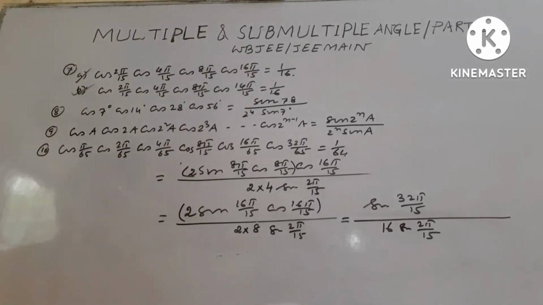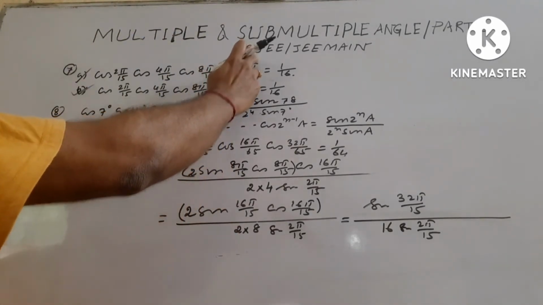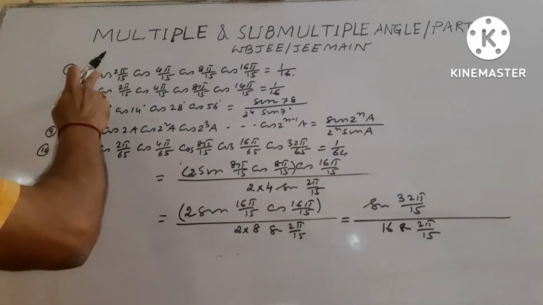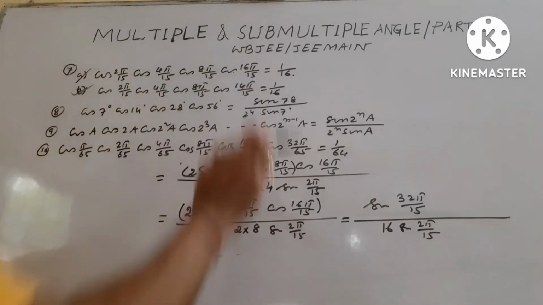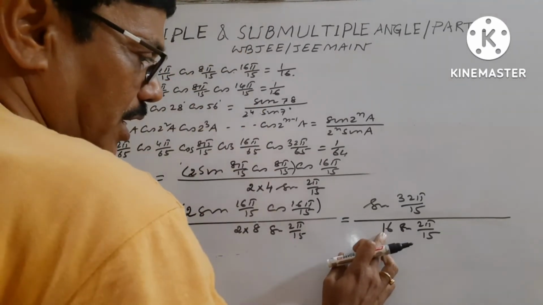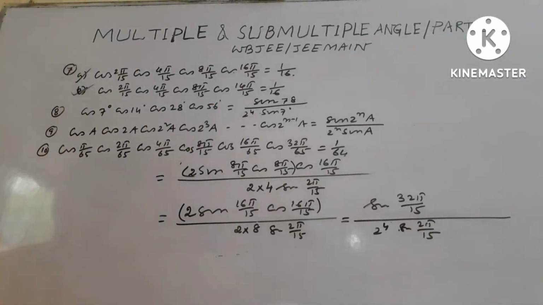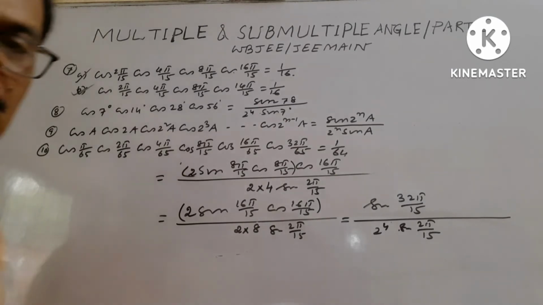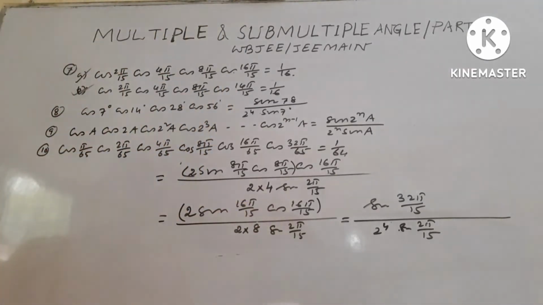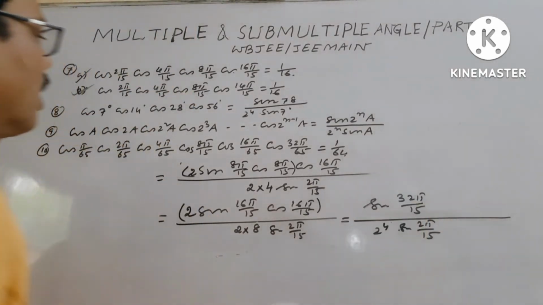This is our observation: sine of double the last angle. How many terms? 1, 2, 3, 4. So it is balanced by 16, that is 2 to the power 4. And initially, to make the formula, 2 times sine of the least angle.